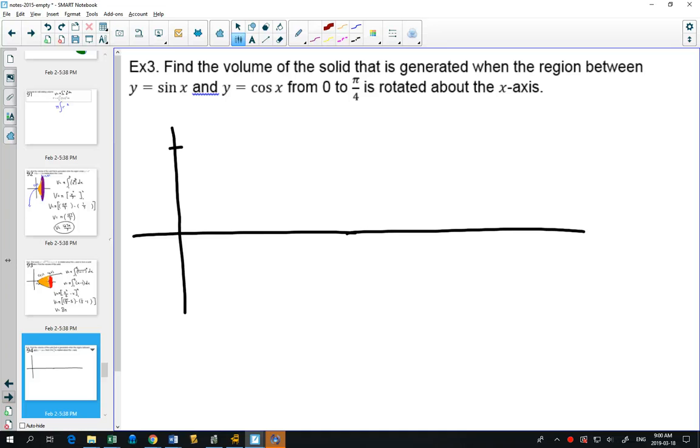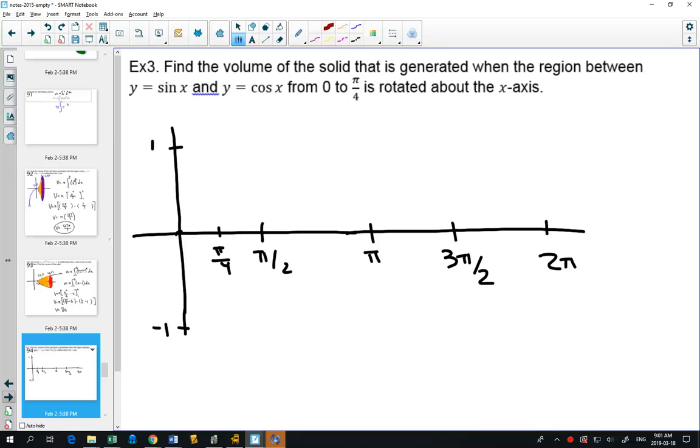So a sine graph goes from 1 to minus 1. We just need to go to 0 to pi over 4, but you're probably really used to graphing all the way to 2 pi for sine, right? And so pi over 4 is right here.